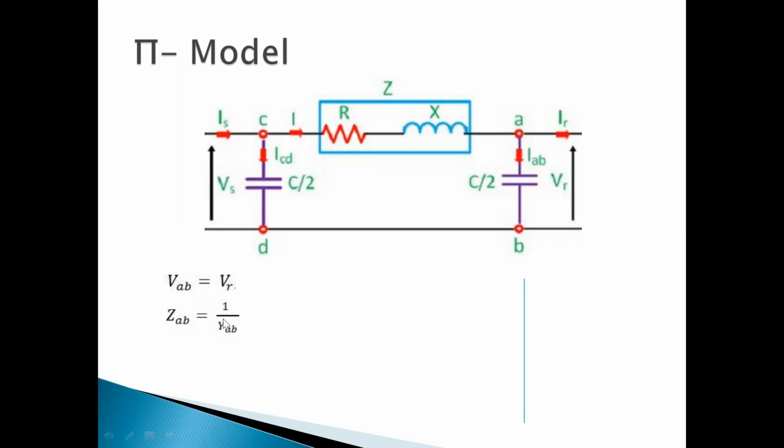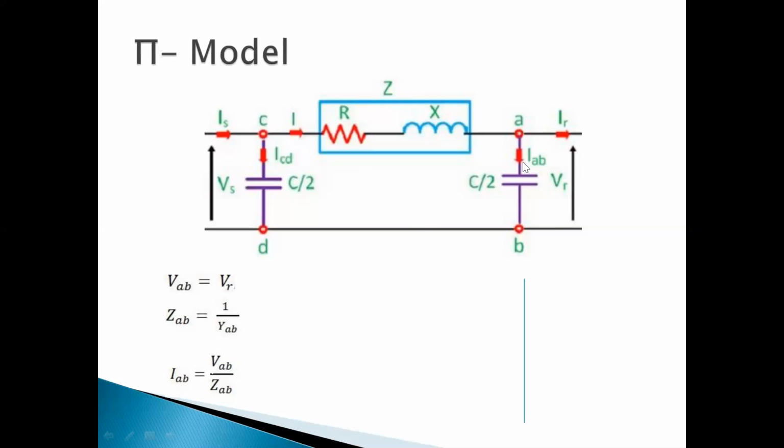ZAB is equal to 1 over YAB, as I have explained before, that impedance is inversely related to admittance. Nothing new here. IAB is equal to VAB divided by ZAB, because I want to find the values of IR and IS, so firstly I have to know the value of IAB.